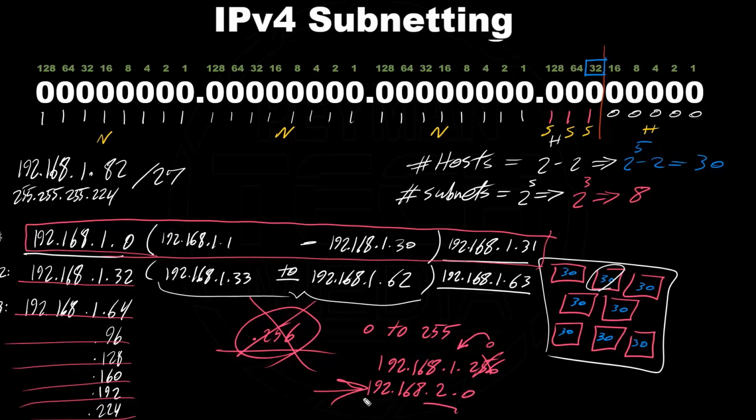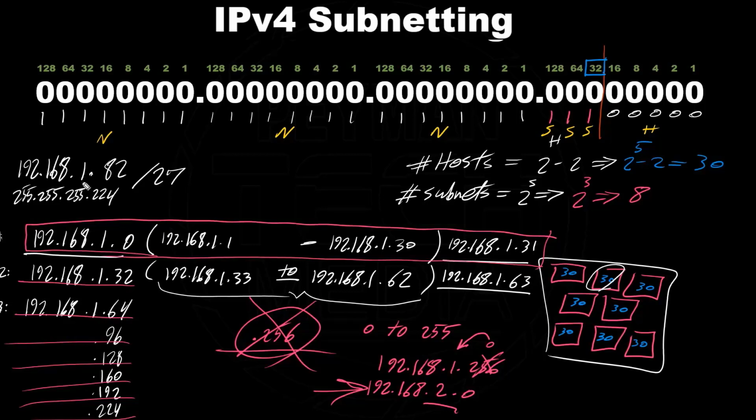So in the 1.0 network, it's a total of 8 subnets, including the 0 network. By just borrowing 3 bits on the default subnet mask for class C, we get a CIDR notation of 27. With this subnet mask, instead of one big network with 254 available IP addresses, we can have 8 different subnetworks, and each subnetwork has 30 available IP addresses.